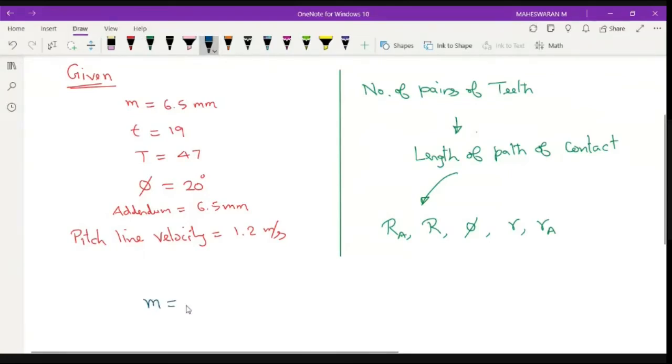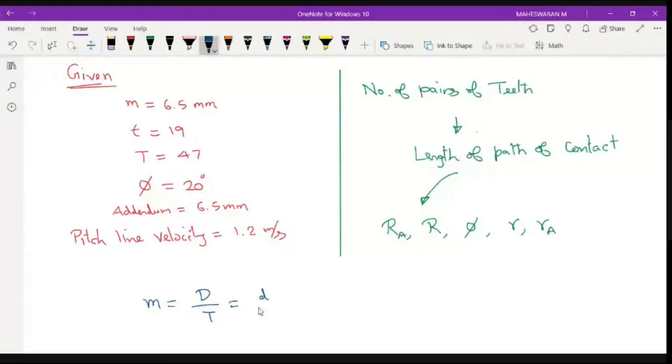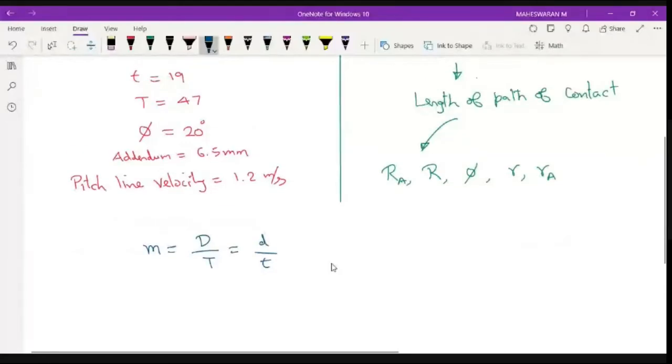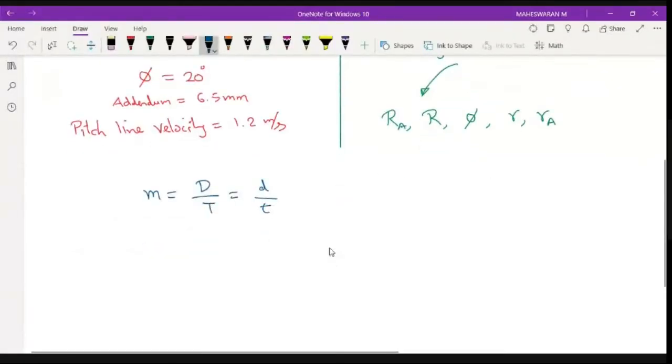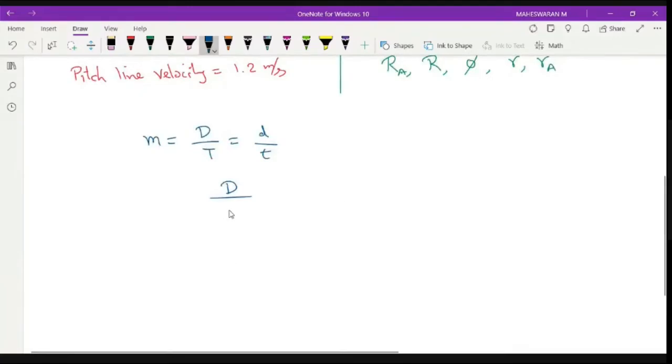So m is nothing but capital D by capital T. Are you there? Yes, sir. Okay, sorry. So capital D by T, I will relate it one by one. It is 6.5, so capital D by 47 is equal to 6.5.